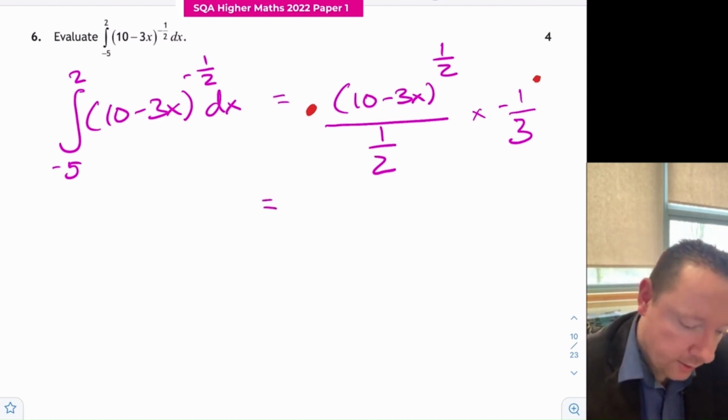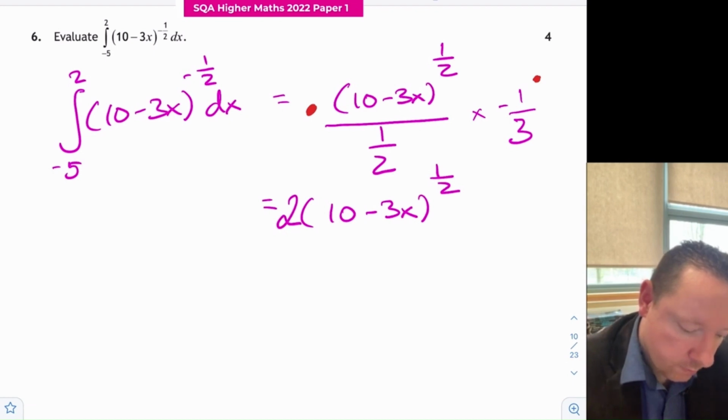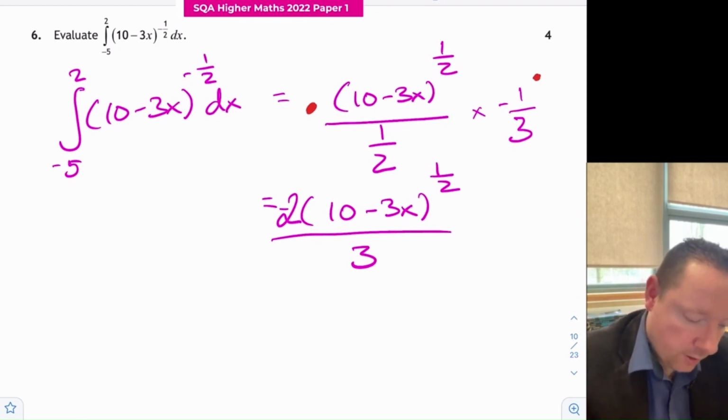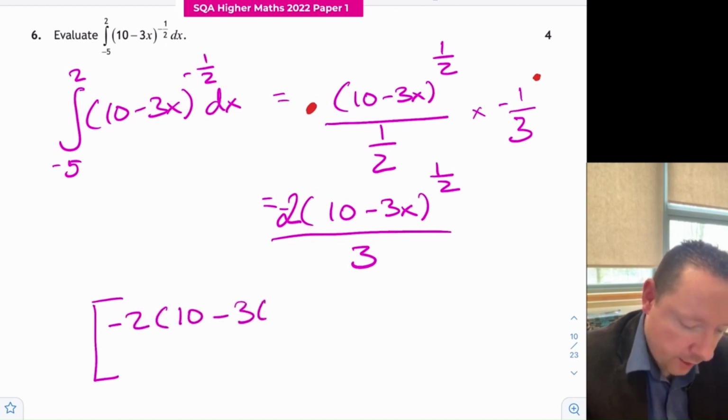So we get 10 minus 3x to the power of 1/2. Dividing by 1/2 is the same as timesing by 2. We've got a minus because of the timesing by -1/3 divided by 3. Now, our limits are 2 and -5. So we've got -2, 10 minus 3 times 2 to the power of 1/2 divided by 3.